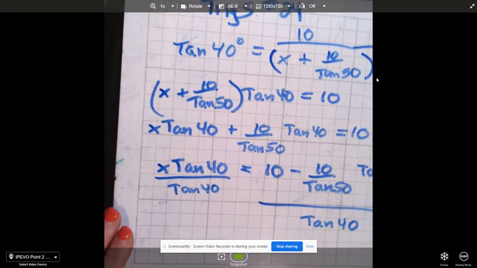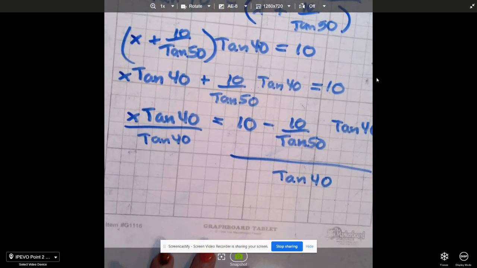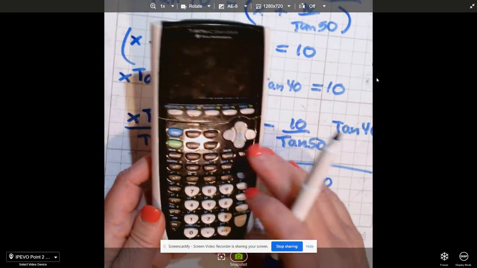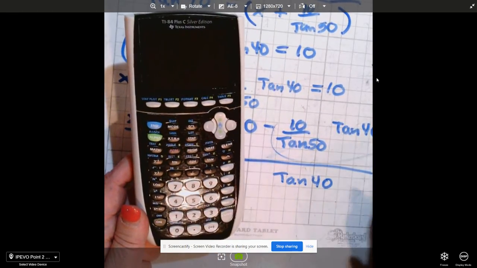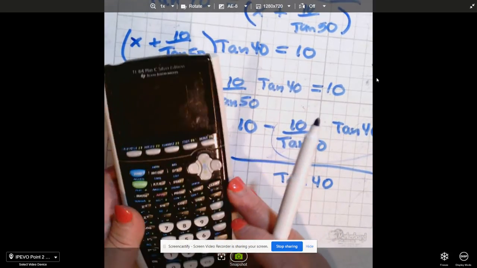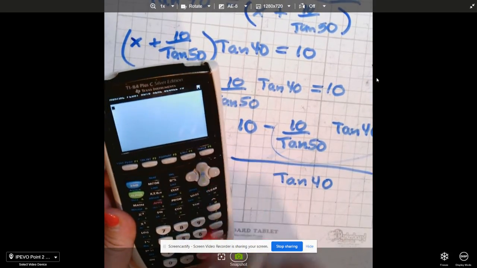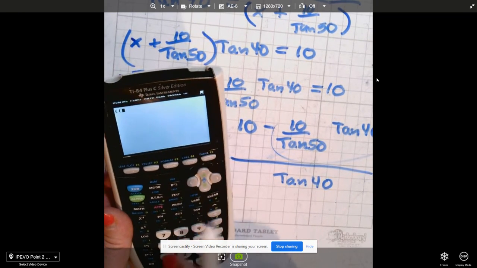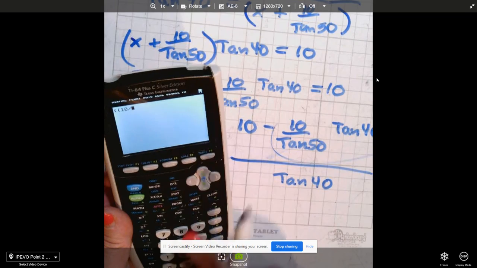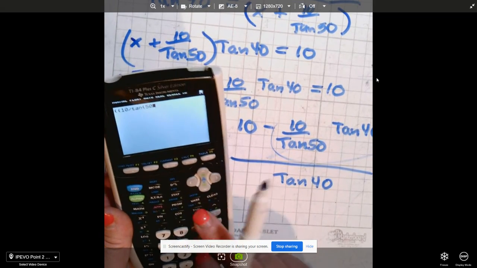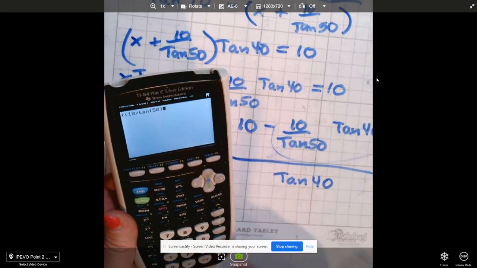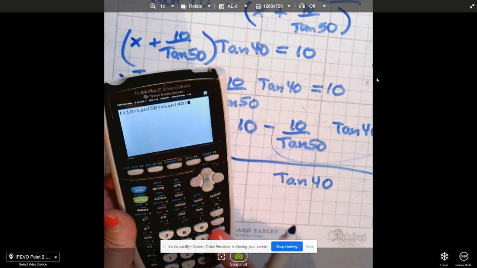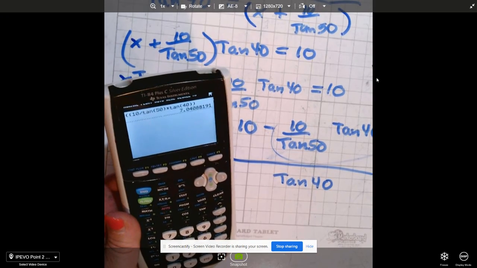All right, so now you're going to have to be careful how you put this in your calculator. So let me see if I can kind of show you here. So I'm going to kind of figure out first what this number is here. So I'm going to say 10 divided by the tangent of 50, and I'm going to multiply that by the tangent of 40, and I'm going to get a number there.